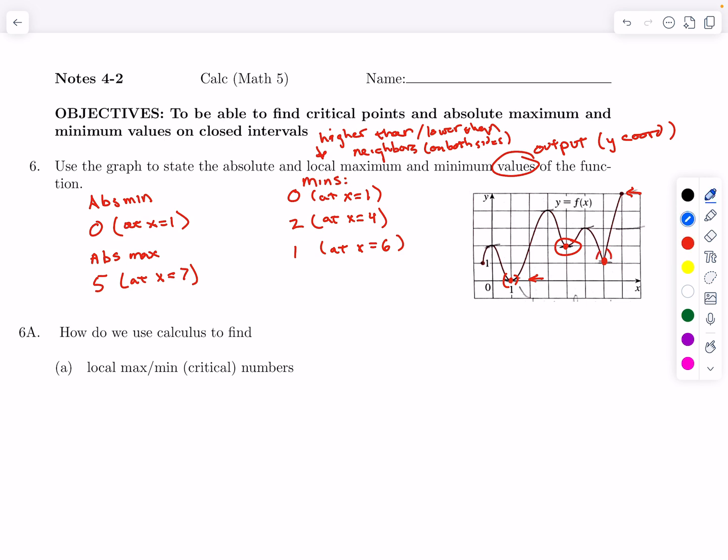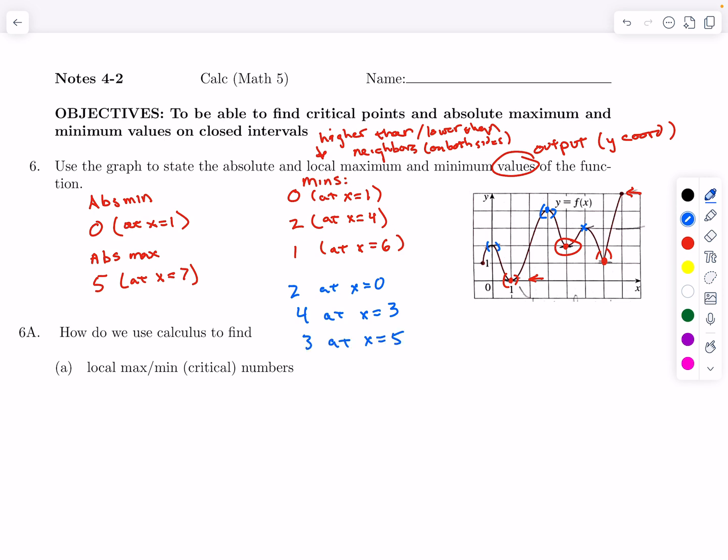Maxes, what height is that? 2 at x equals 0. That's 4. And what is that? 3 at x equals 5.